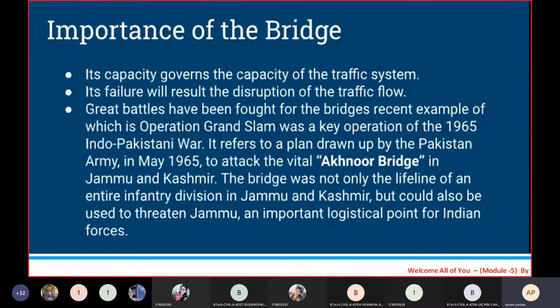Whenever there is a traffic congestion problem, or whenever there is a valley or a river that you want to cross, then we have to construct bridges for efficient and safe transportation. So that is the importance of this particular article, that is, the aspect of bridge construction.